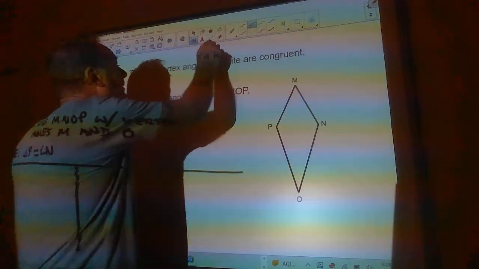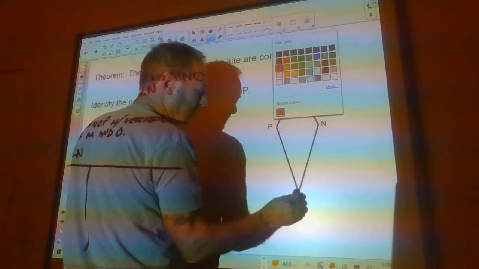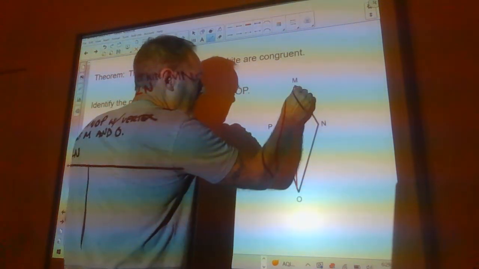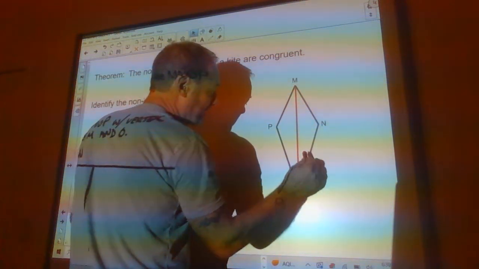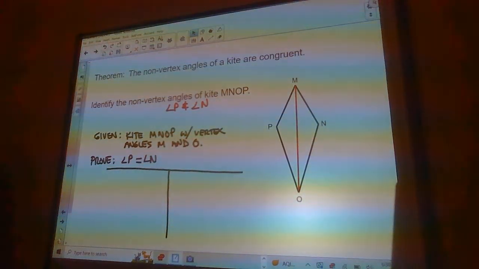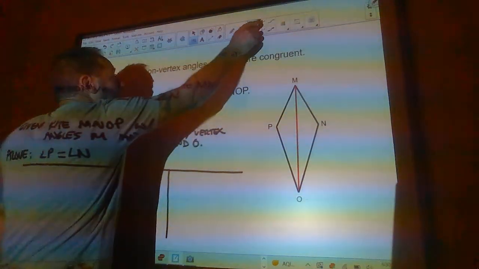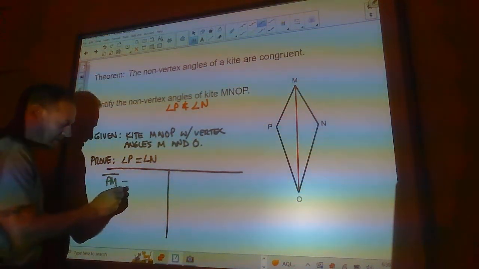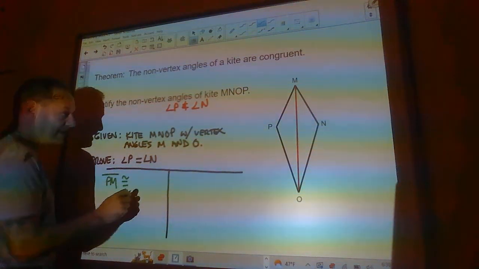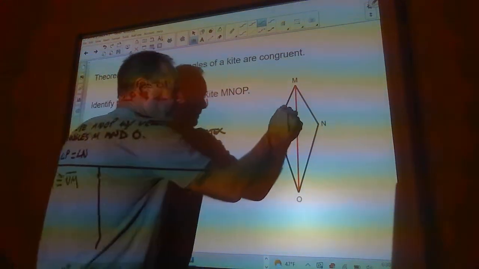Well, what we would do is start out by drawing this right here. We're going to draw the diagonal that's down the axis of the kite. Now we know that PM is congruent to NM, so these two sides are equal.